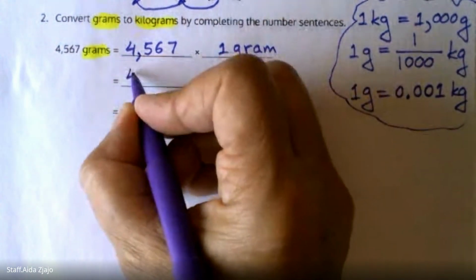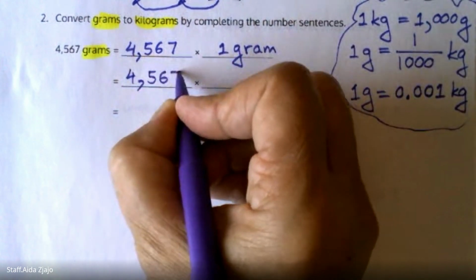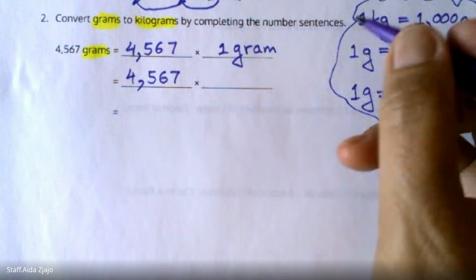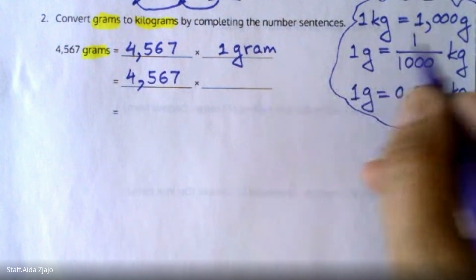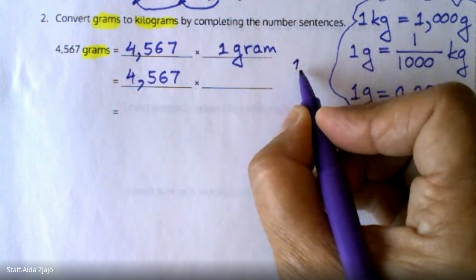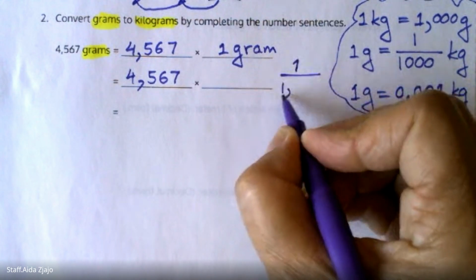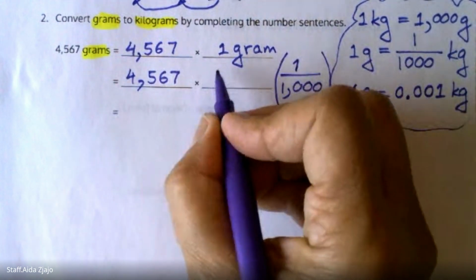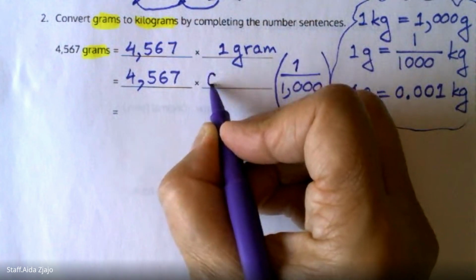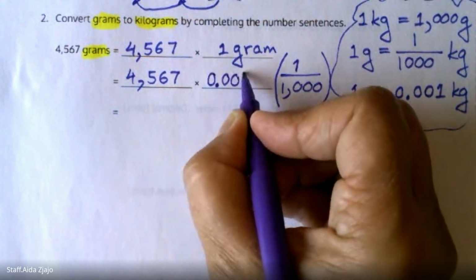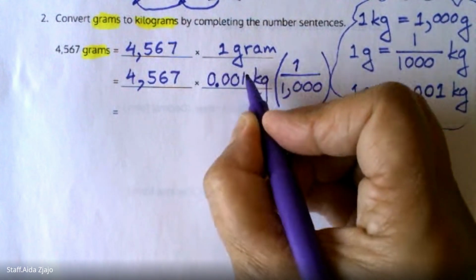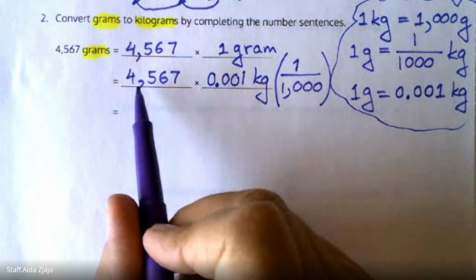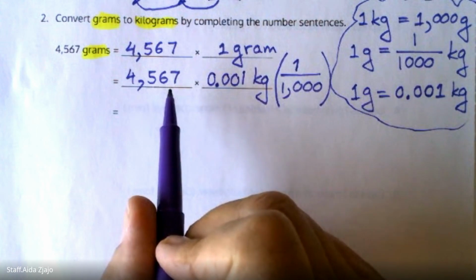So 4,567 times, and if you use a fraction, you can do times 1 out of 1,000. That's what you can use, or you can use the decimal, which is times 0.001 kilogram. If you multiply this number, it's going to get 1,000 times smaller.